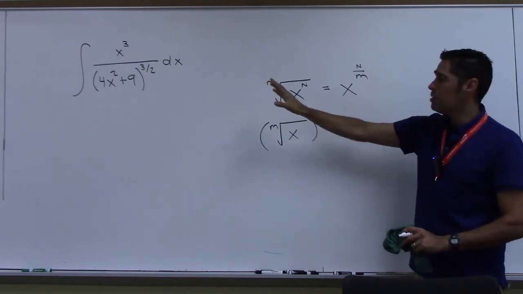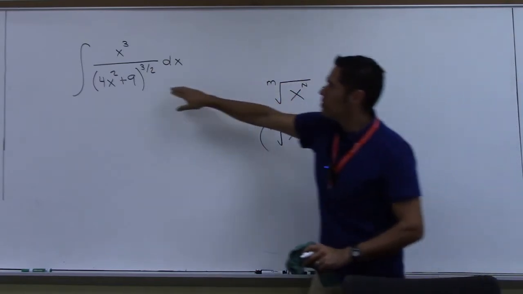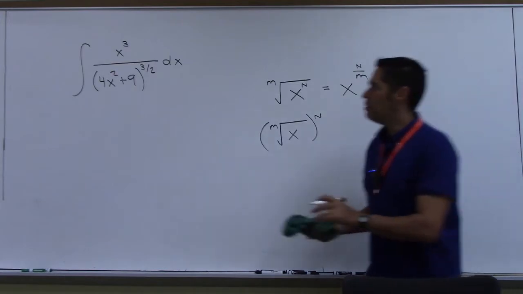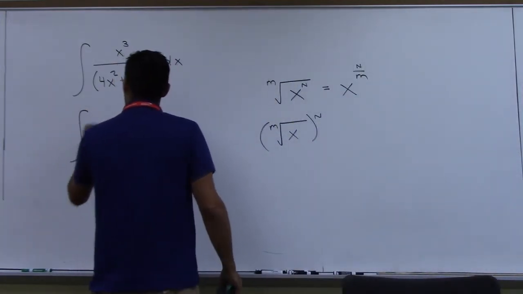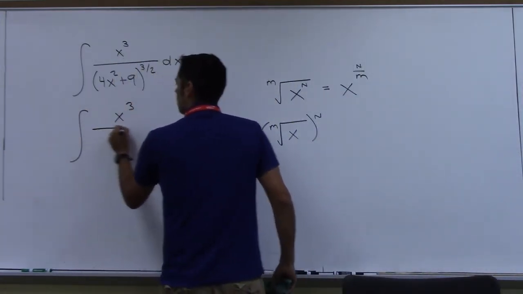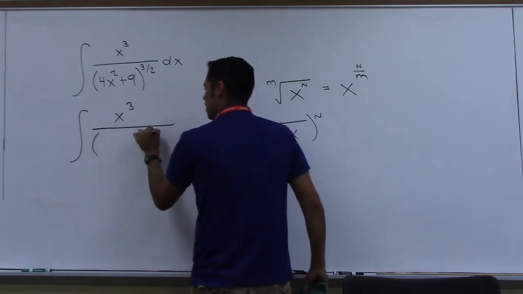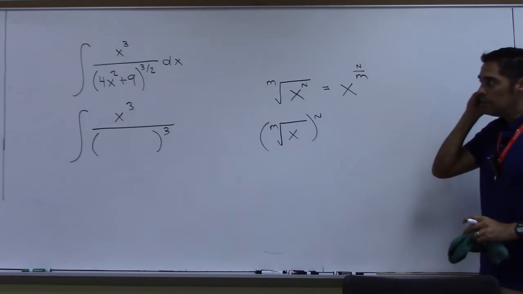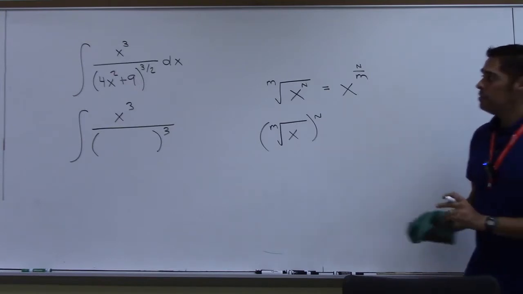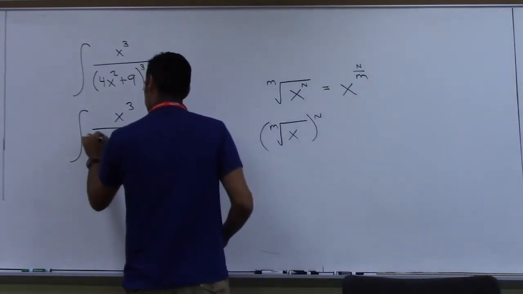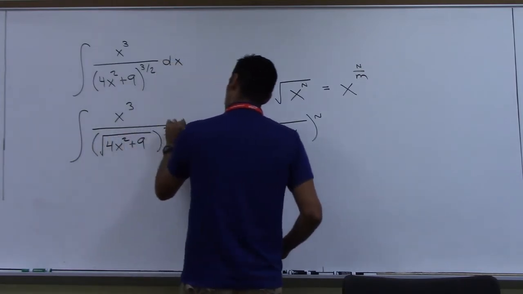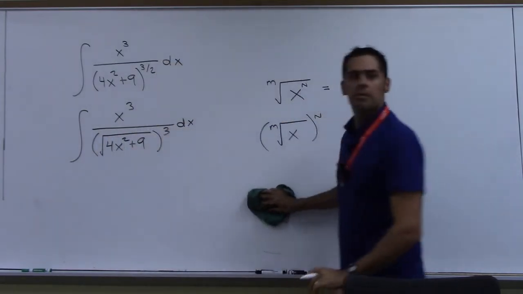Over here, I'm going to rewrite that expression to the 3/2 in this format. And let's see what we've got. It'll be something cubed. What is it that's being cubed? The square root of 4x squared plus 9, dx. Does everyone agree with that?